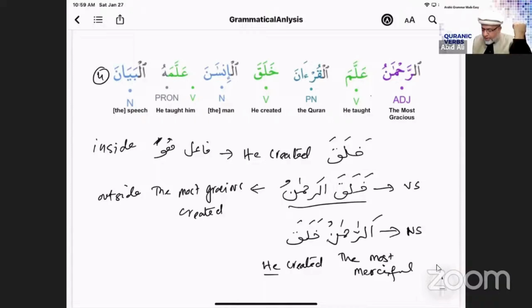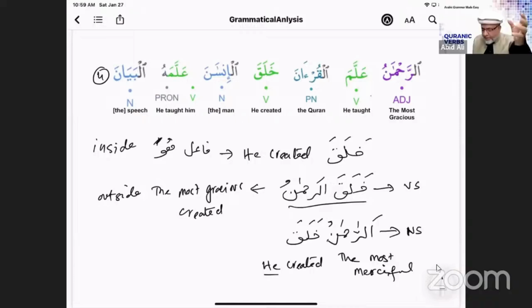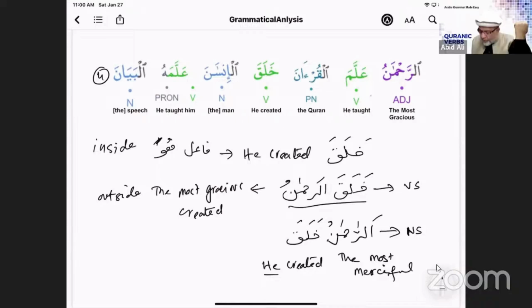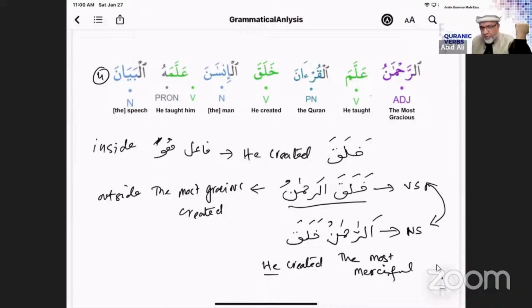Yes. Remember a few weeks back when we talked about it, we said that we can have khalaqa ar-Rahmanu and we can also have ar-Rahmanu khalaqa. When we change it from the verbal sentence to the nominal sentence, we bring the fa'il, the subject, to the front. It's starting now, it's mubtada.